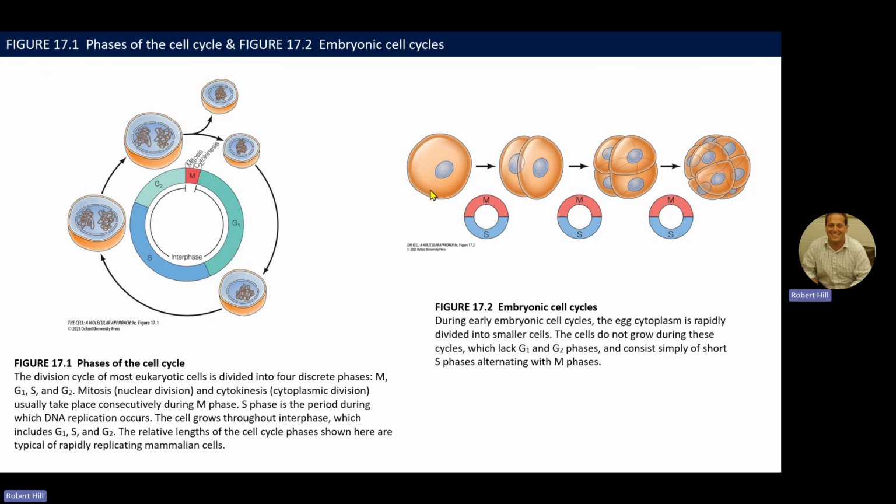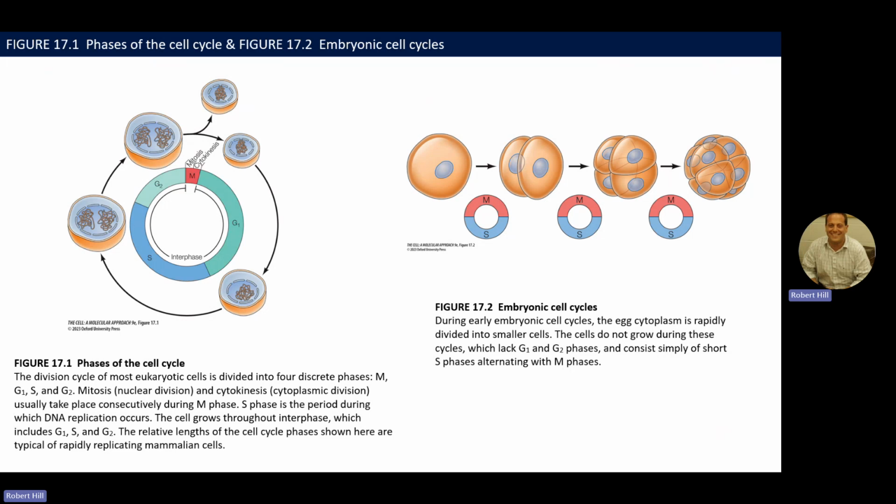So in order to do that, you don't need the other gap or growth phases to increase the cell size and whatnot. So during early embryonic development, it's just cycling between M and S. Anyway, so over here, you've got the standard 4 phases of the division cycle, how it moves sequentially through G1, S, G2, M.